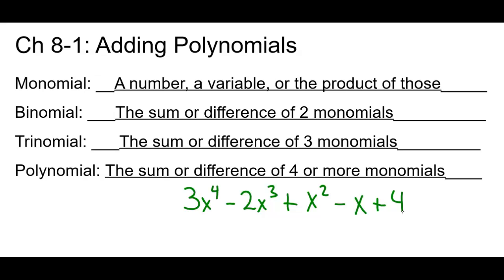And we would have to know, how many terms do we have here? Well, we've got 1, 2, 3, 4, 5 different terms. One of them is a constant. This is a quartic, okay?